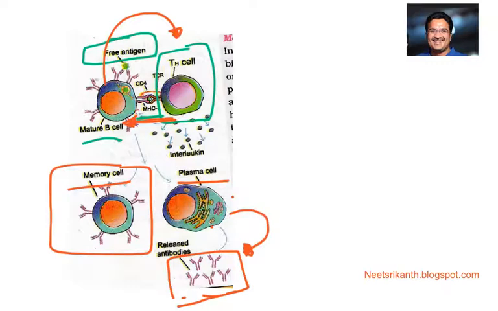Now the question is, what do these antibodies do? Antibodies produced from the plasma cells and released into the body fluids have the role of destroying the antigens moving in the body fluids.